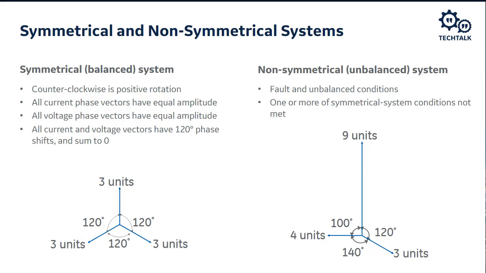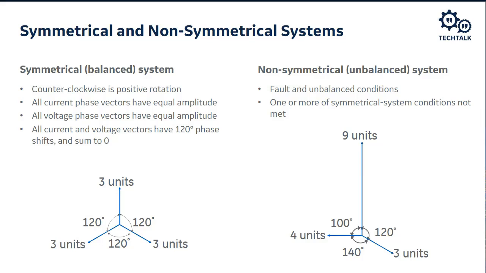So I've got 9 units at 90 degrees, and maybe A phase at 3 units at just a little bit less than 0 degrees. What happens if I apply those voltages to a balanced three-phase impedance? What's the current through that? That is a much more difficult calculation than in this balanced system.